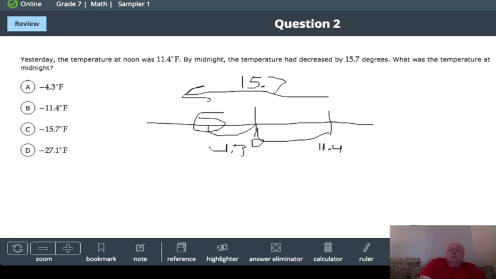just regular subtraction. We started at 11.4. This is a way to double check this. Minus 15.7. And an easy way to do that is to flip these two. And you end up with the 4.3.